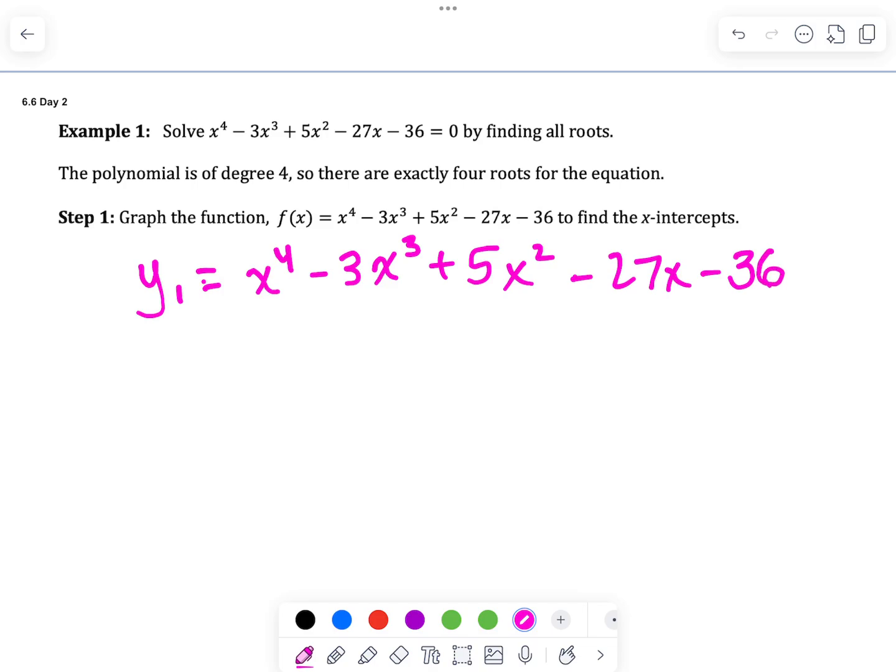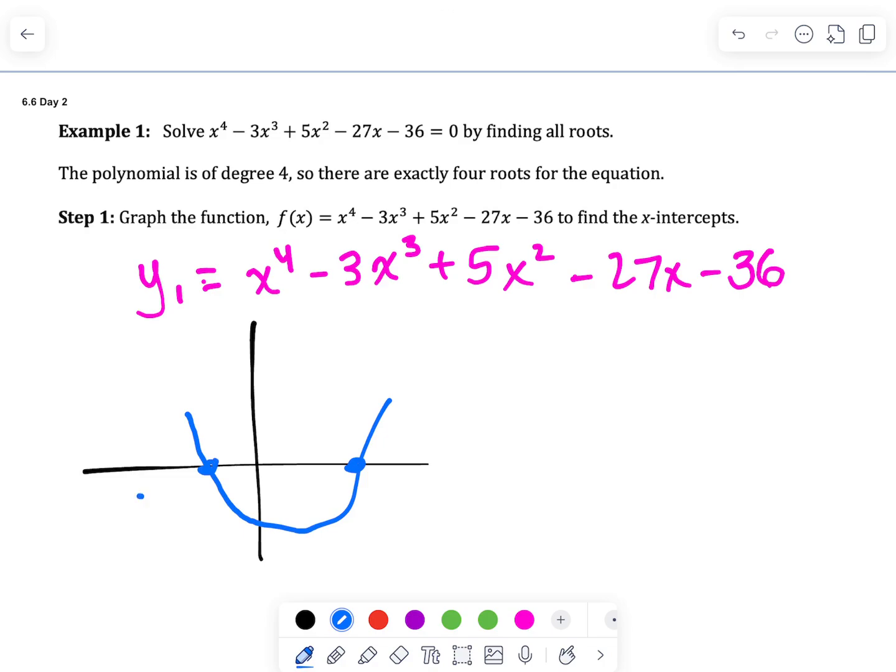You'd enter that into your graphing calculator. And then you'd want to fit your window so that you can start to see your x-intercepts. And what's going to pop up in your window is something like this. And the real roots will be -1 and +4.